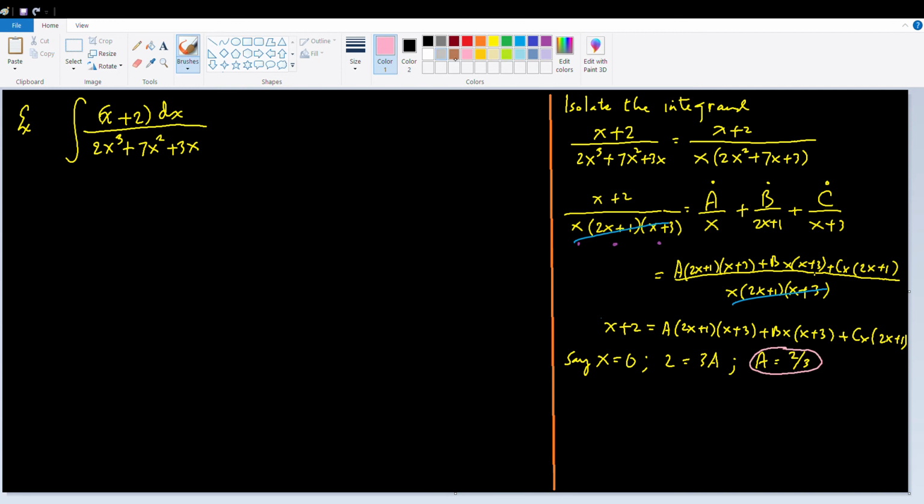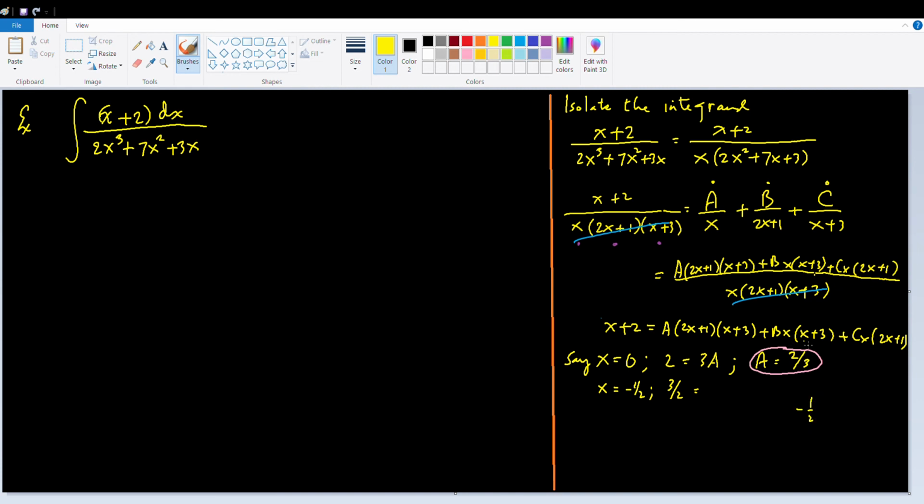Okay, how about the factor 2x plus 1? We let x be equal to negative 1/2. So all x's change to negative 1/2. Negative 1/2 plus 2 is 3/2. Those with factor 2x plus 1 will be 0, so a times 2x plus 1 and cx times 2x plus 1 will both be 0. So b times x, that will be negative 1/2.